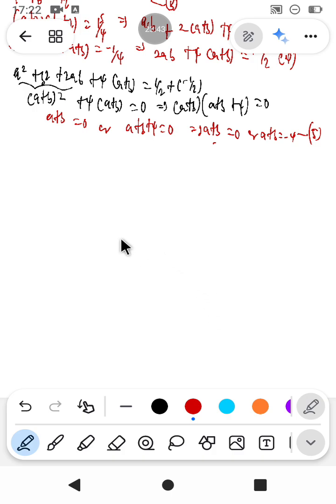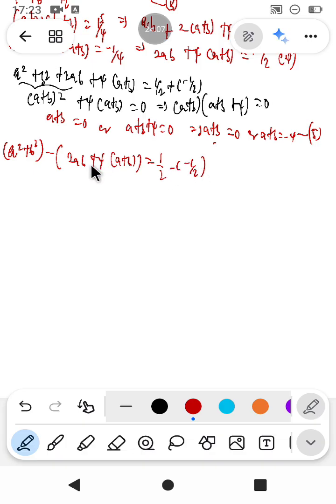So we've added equation 4 and equation 3. The next thing you are going to do is to subtract equation 4 from equation 3. So we do that, we have A² + B² - 2AB - 4(A + B) = 1/2 - (-1/2).